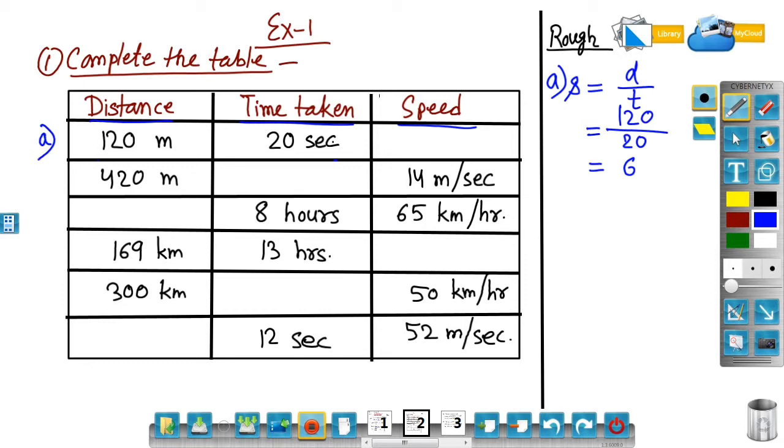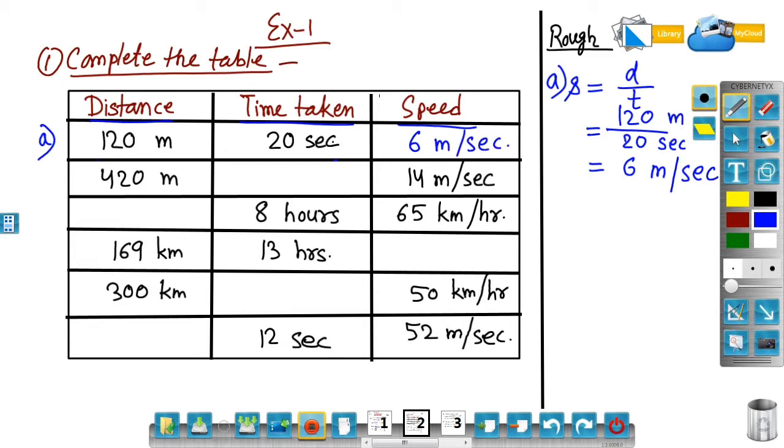Here it is meter and it is second. The unit of time taken is second. So the speed is 6 meter per second. You can write the value of speed here, 6 meter per second.